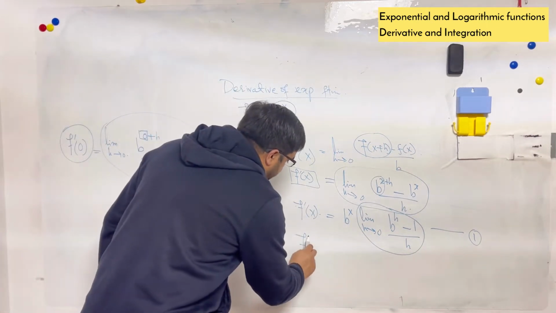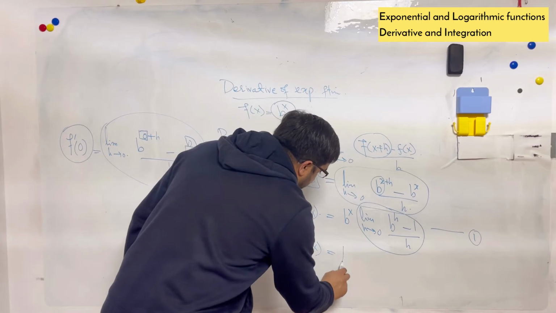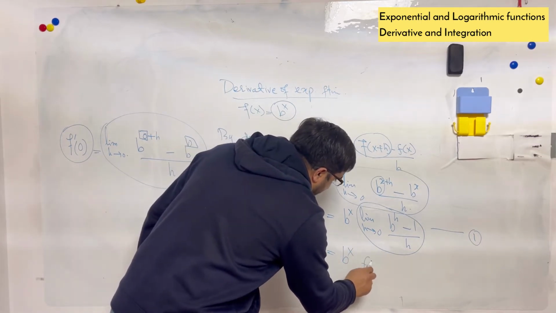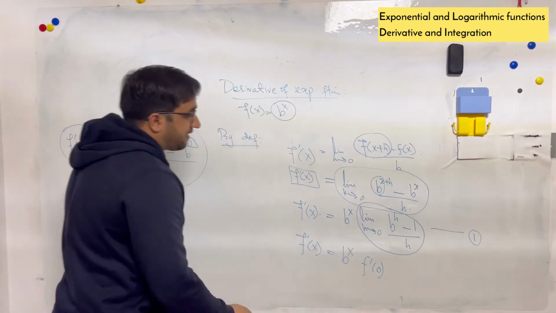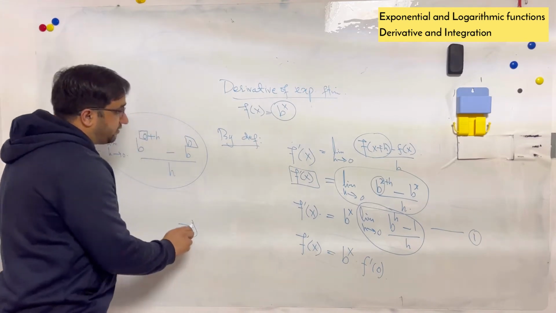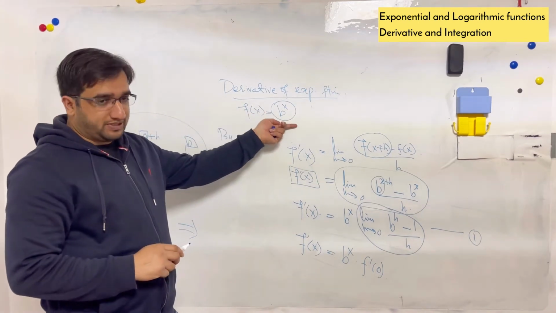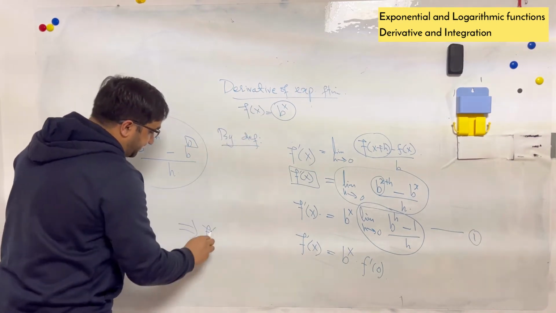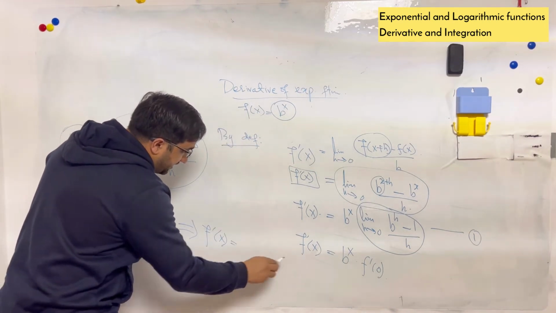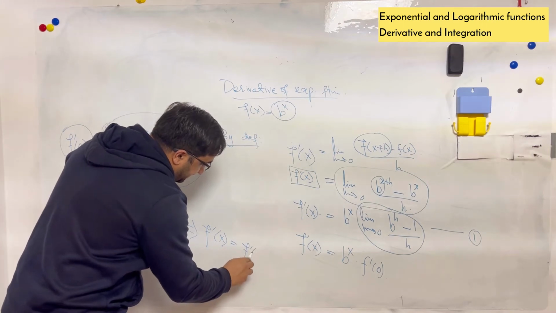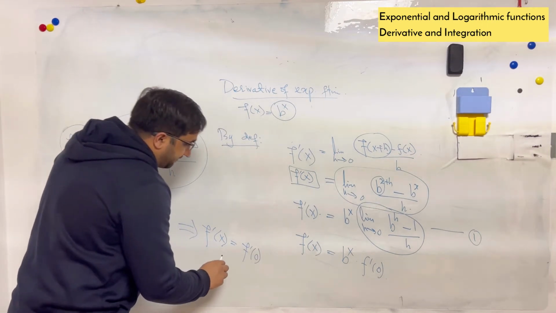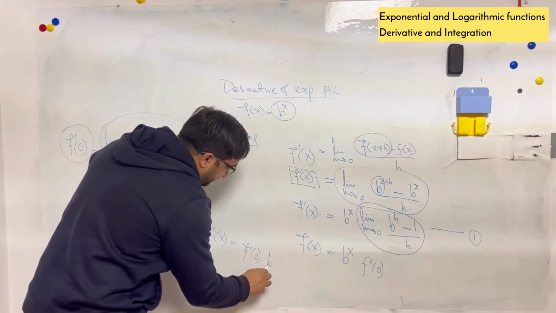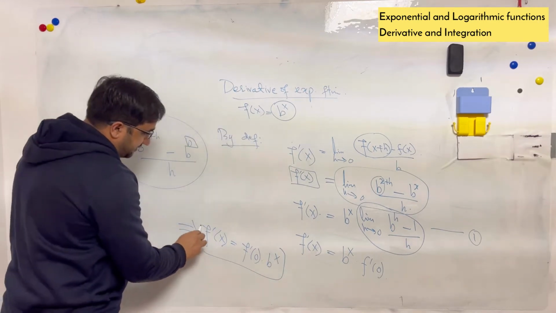So f dash of x is equal to b raised to the power x times f dash of 0. So if you have a function f of x equals b raised to the power x, an exponential function, then the derivative of such a function is equal to the derivative of the function at 0 times b raised to the power x.